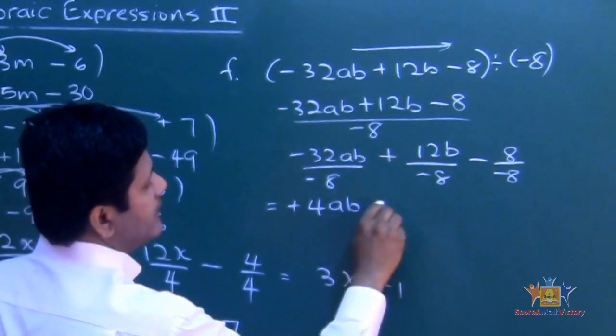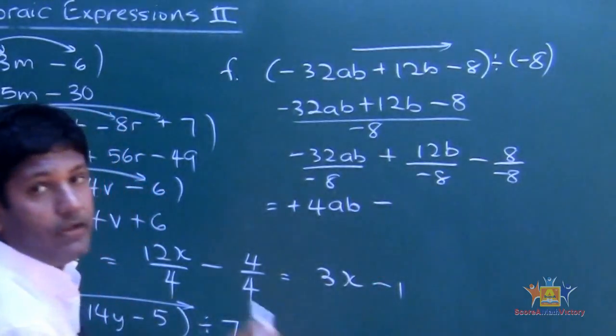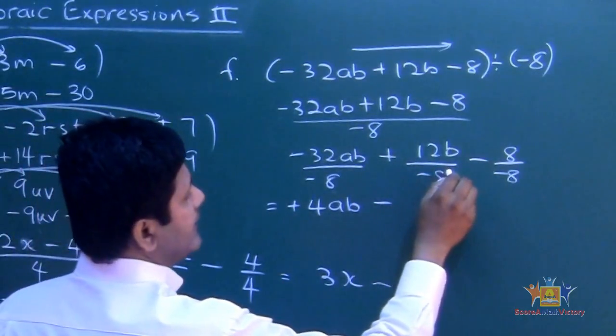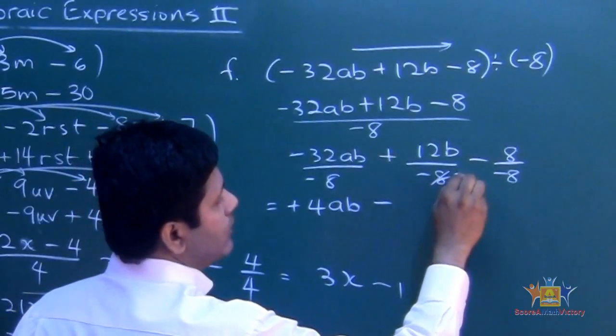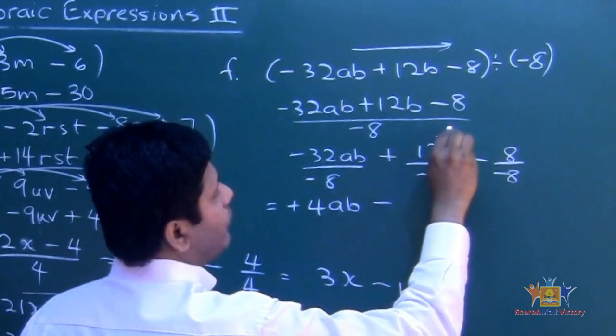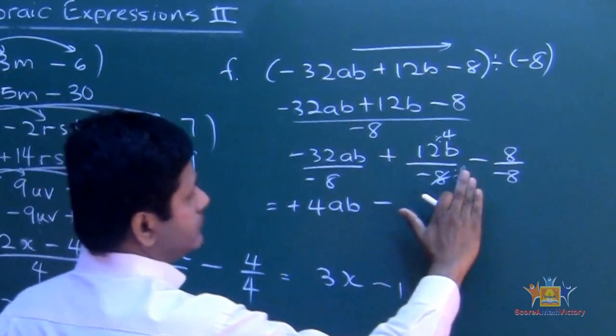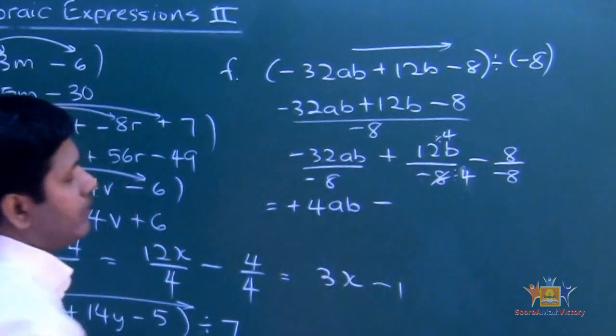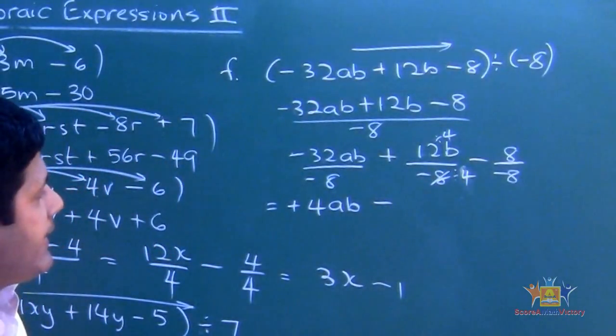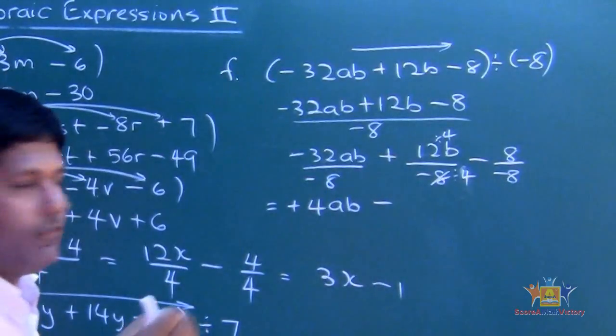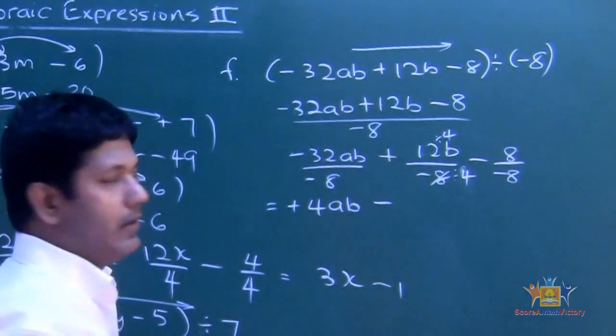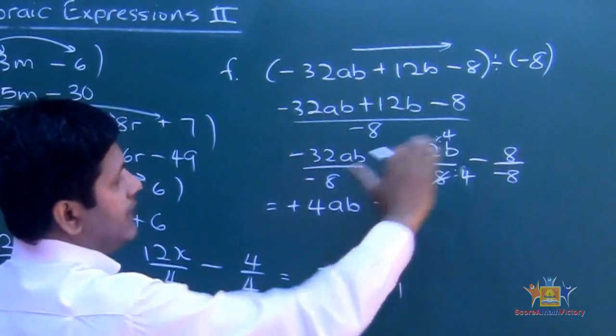Positive and negative, negative. 12 divided by 8, you cannot, so you simplify. I can divide this by 4 and this by 4. You want to find a number that 8 and 12 can both be divided by. So I realize 8 can be divided by 4 and 12 can be divided by 4.